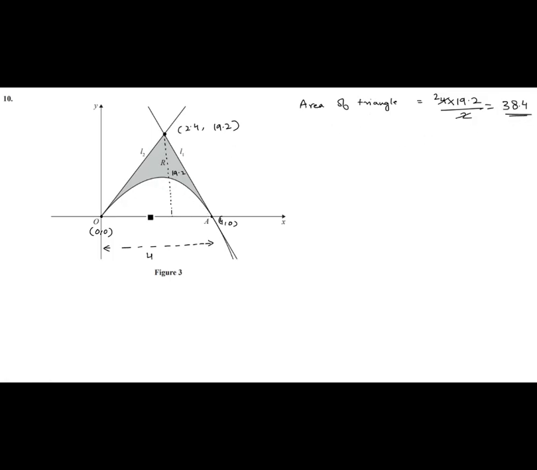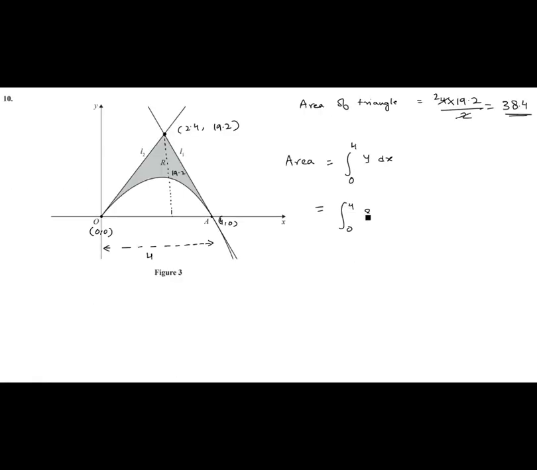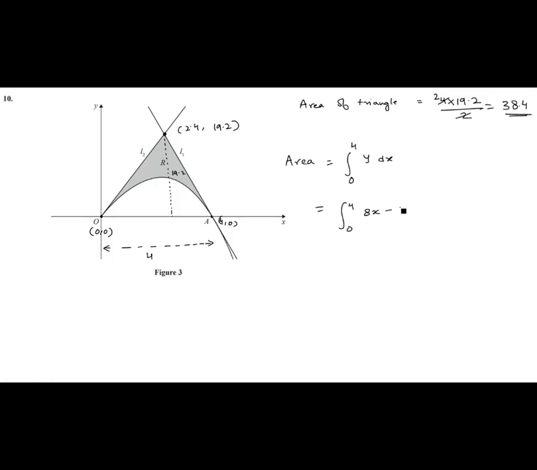Now let's work out the area of this curve, like between the curve and the x-axis. So the area will be given by the integral from 0 to 4 of y dx, okay, which in this case will be 0 to 4. Y is 8x minus x to the power 5 over 2.